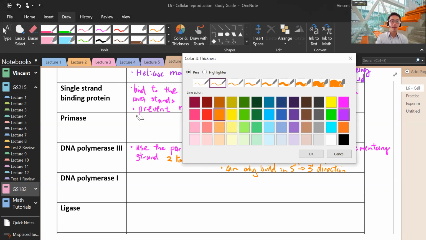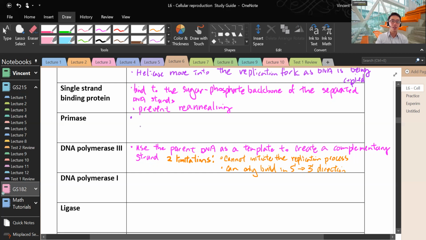All right, before we go to the diagram at the end, let's just quickly talk about primase a little bit more. Okay, so primase is like the parent that tells the kid where to start the homework, right? So primase will create a short RNA primer, right?